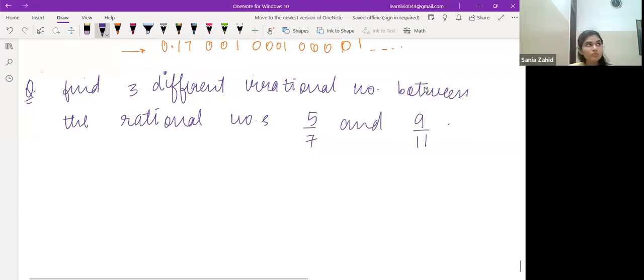These are the two rational numbers I'm giving you, and you have to find three different irrational numbers between them. You will follow the same method. Find the decimal expansions first of all, and then you write the numbers between them in irrational form. Do it quickly.